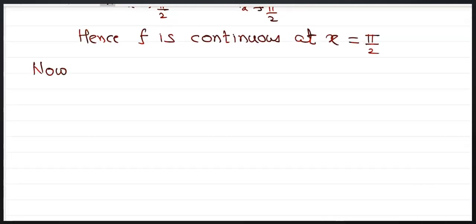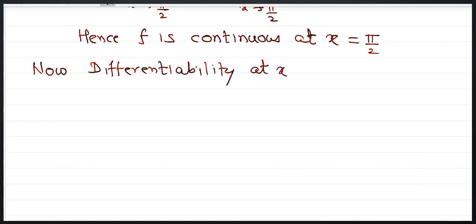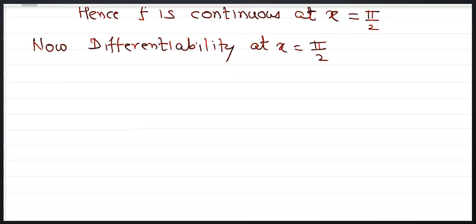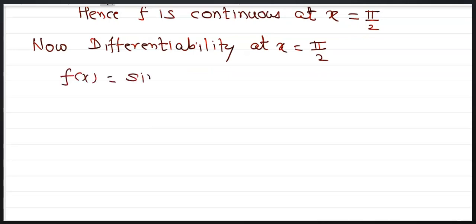Now differentiability at x equal to pi by 2. f of x is equal to sin x minus cos x.